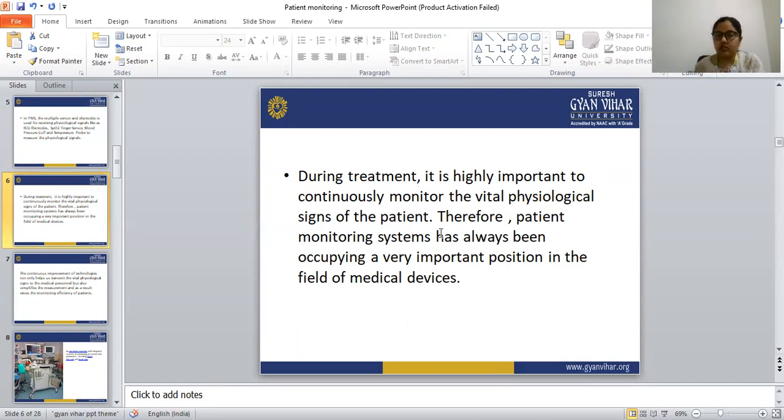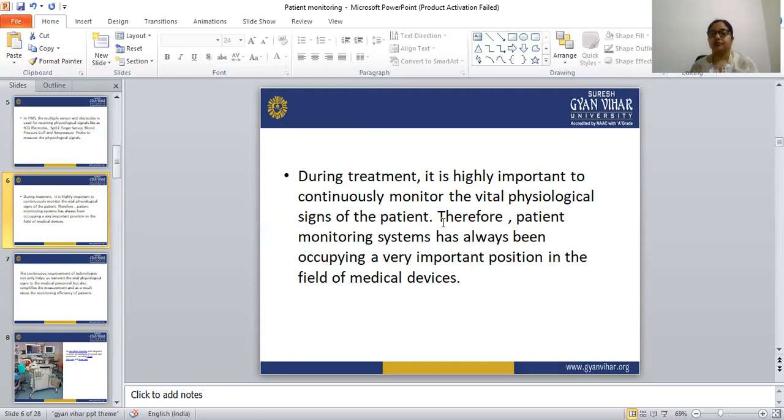Therefore, the patient monitoring system has always been occupying a very important position in the field of medical devices. During the treatment, the physiological signs of the patient should be monitored, and because of that, the patient monitoring system occupies a very important position in the field of medical devices.